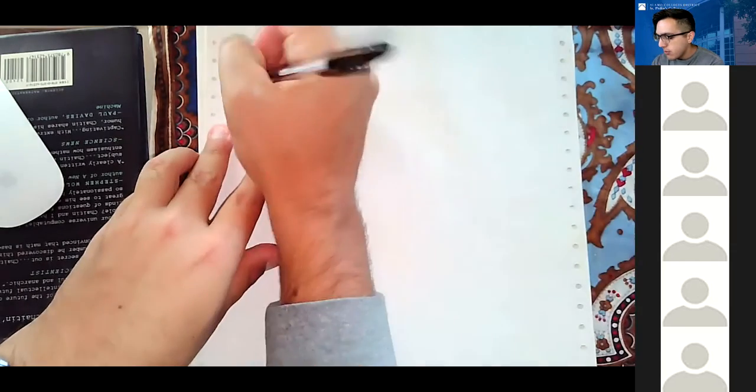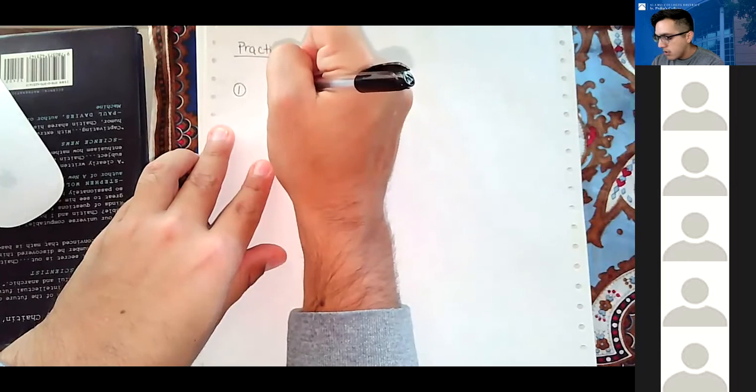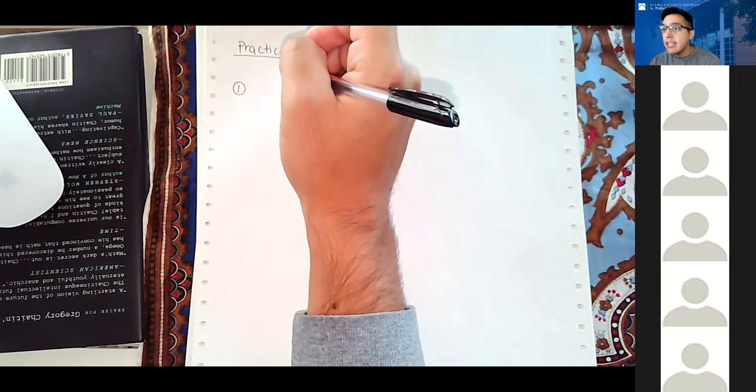Professor, can you recap on how to determine if a number is prime or not? If a number is prime, then it can only be broken down or written as the product of 1 and itself. So the common primes are going to be 2, 3, 5, 7, 11, 13, and so forth, right?